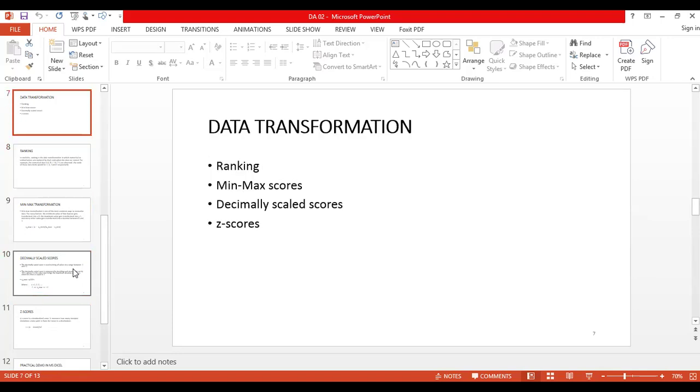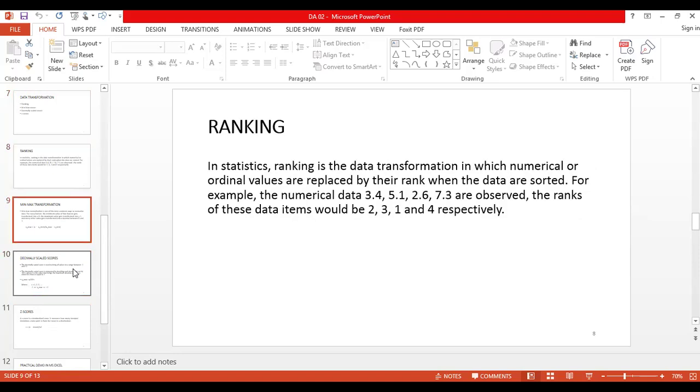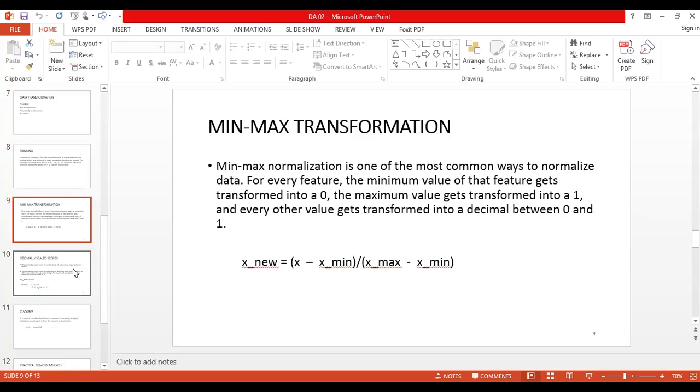These transformations, particularly numbers 2 to 3 here, min-max, decimal scaled, and z-scores, are used to convert data to a form that is sort of streamlined. For example, if you do a min-max transformation, the data is reduced to a range of 0 to 1.